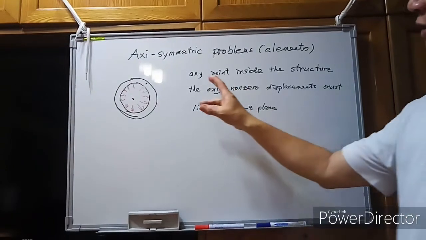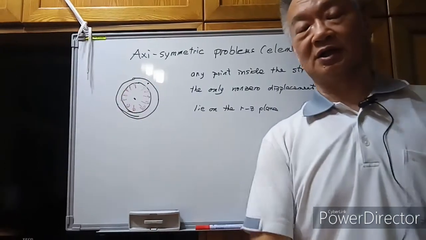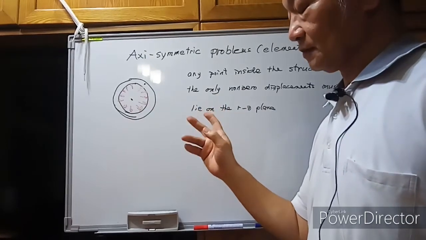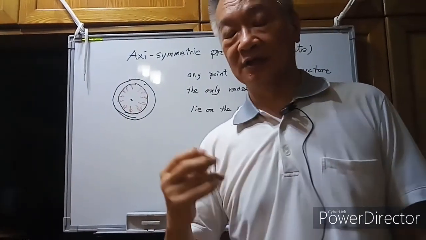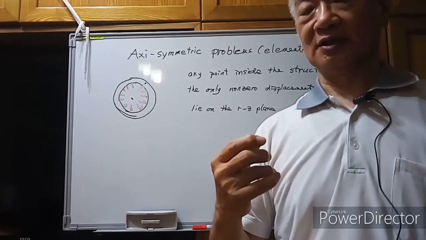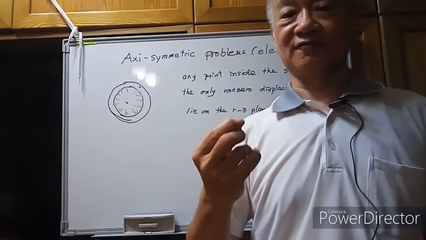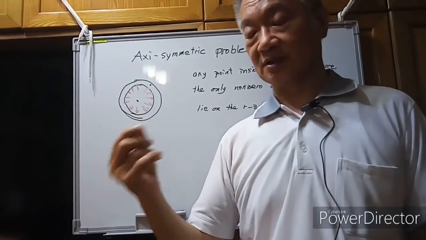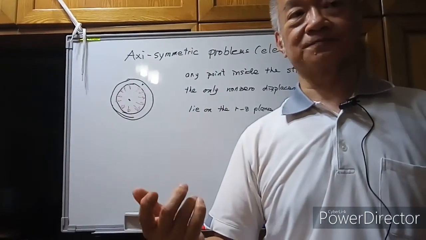So the displacement must be on the RZ plane, but since all three structure models are different: in the plane stress and the plane strain problems, the strains and the stress along the Z directions, we have either one which is non-zero, but the corresponding terms are equal to 0.